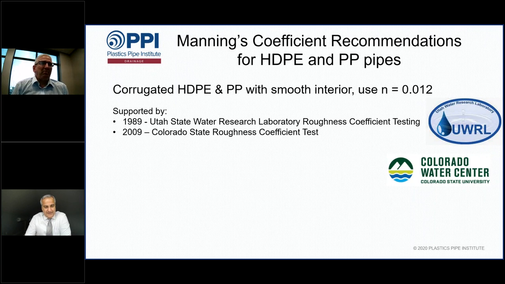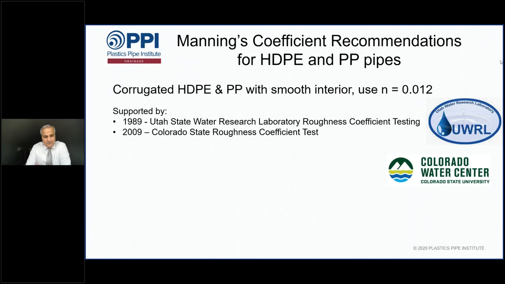There's ranges. And so as an industry, it's important for us to have a consistent recommendation. And our industry recommendation within the corrugated plastic pipe industry, whether it's HDPE or polypropylene with a smooth interior, is to use a Manning's coefficient of 0.012.